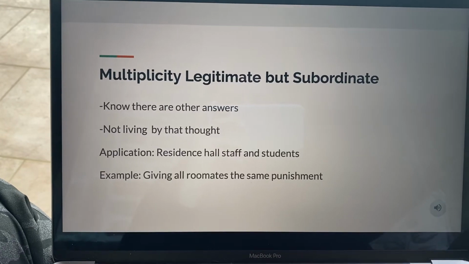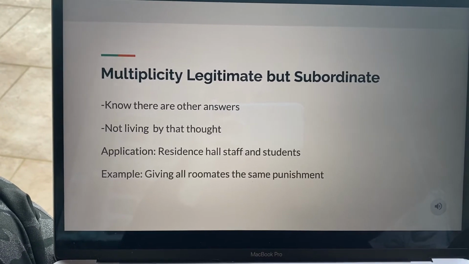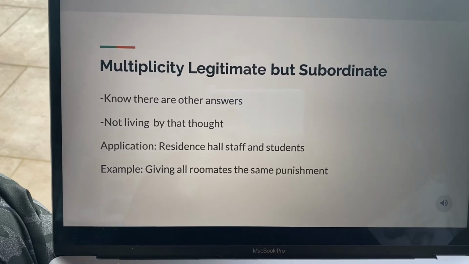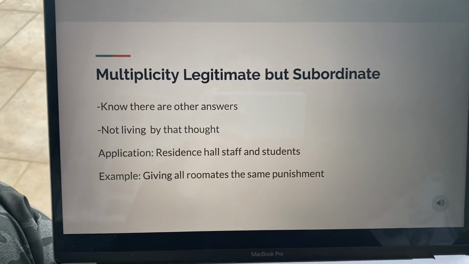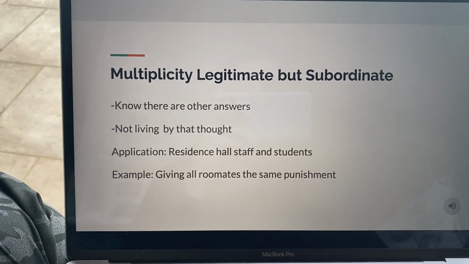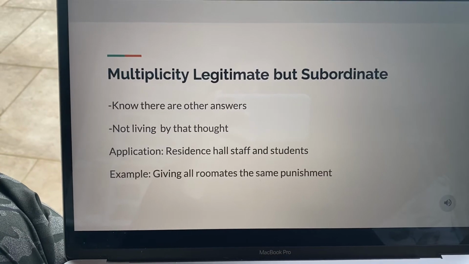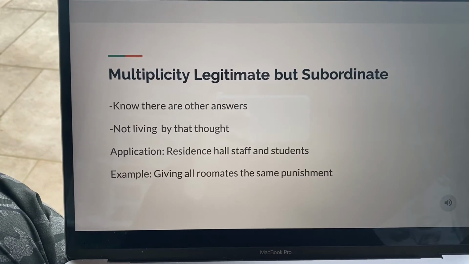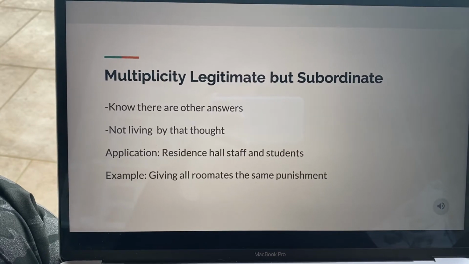Using this position would mean that you're not listening to what others have to say. If they were innocent, you're not hearing them out. You're still living by what you think is correct in that scenario, which could be punishing everyone to teach the lesson of holding people accountable that live in a dorm together.